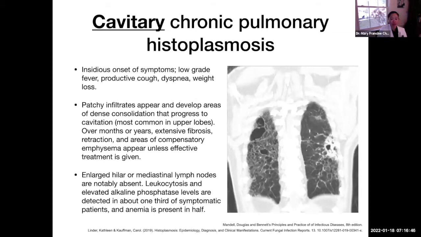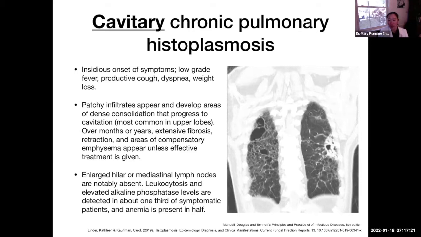And then, as we progress from asymptomatic and acute histoplasmosis, you have your chronic pulmonary histoplasmosis. There are two kinds: cavitary, which is the more classic chronic pulmonary histoplasmosis we're used to, and a non-cavitary one. For cavitary chronic pulmonary histoplasmosis, your patient will have a more insidious onset of symptoms. They'll present with low-grade fevers, productive cough, dyspnea, and unintentional weight loss.